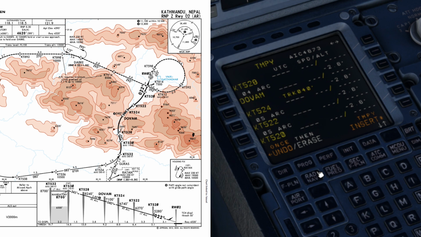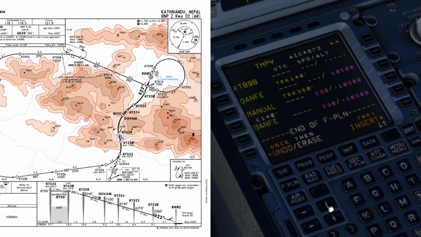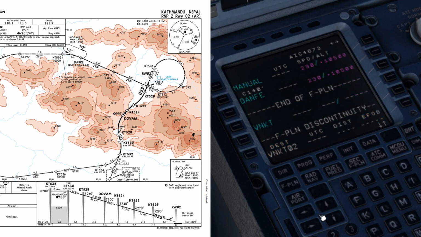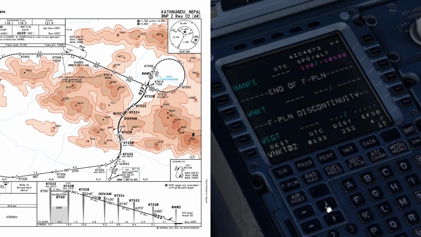Yeah, and Kilo Tango 522, no restrictions. Then Kilo Tango 520 and finally we will land. After this we have our approach procedure, these approach waypoints. Okay, so I'll just insert that flight plan.